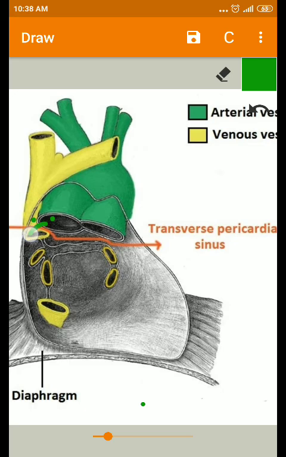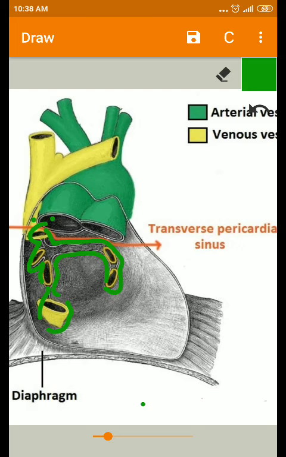You can see that white layer enclosing the inferior vena cava and all the terminal parts of the pulmonary veins. This is one tube called the venous tube. So the arterial tube encloses the ascending aorta and the pulmonary trunk, and the venous tube encloses the vena cava and the pulmonary veins.